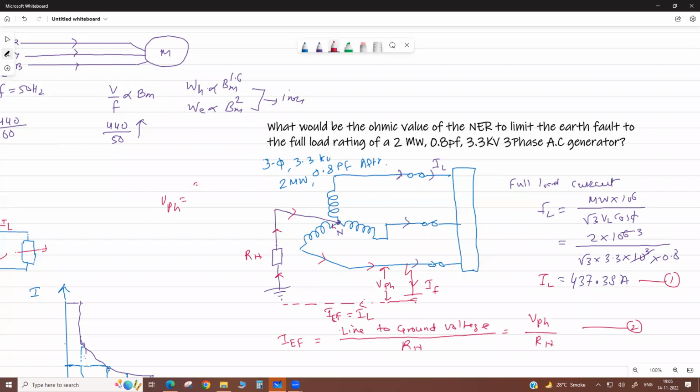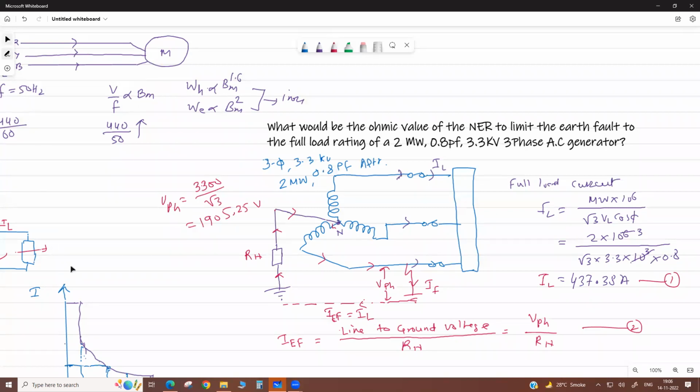Phase voltage equals 3.3 kV, that is 3300 divided by root 3. It comes to 1905.25 volts.